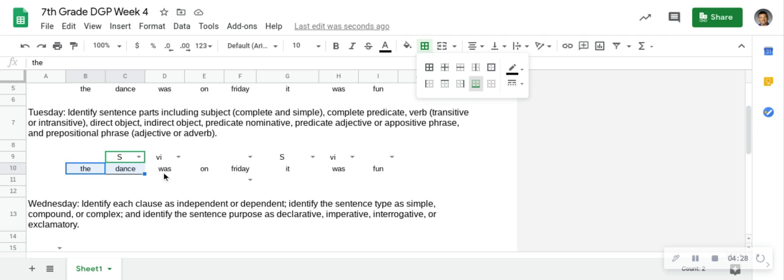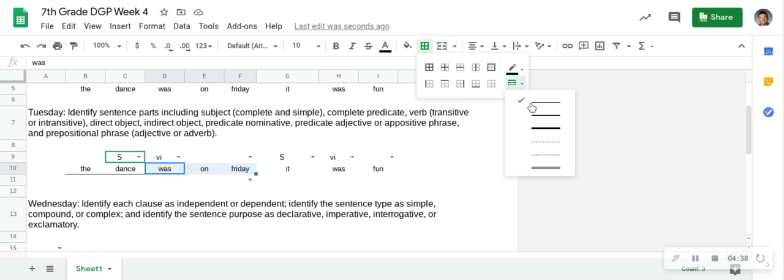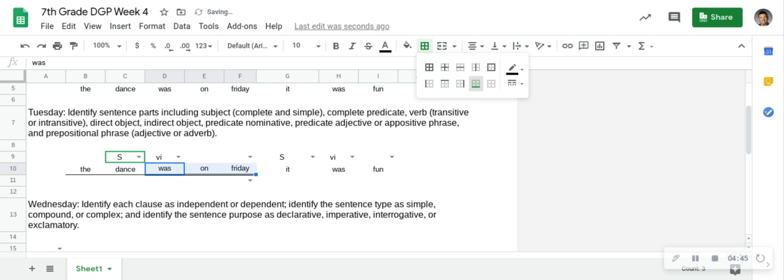So I think you guys are right with saying that it goes from was to Friday, right? So we will highlight that, click our double underline on our waffle, and hit double underline for our border.